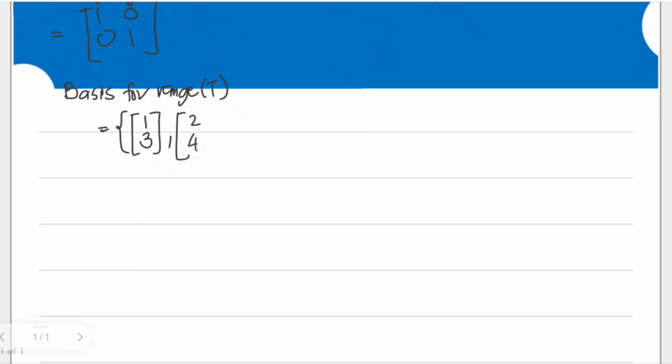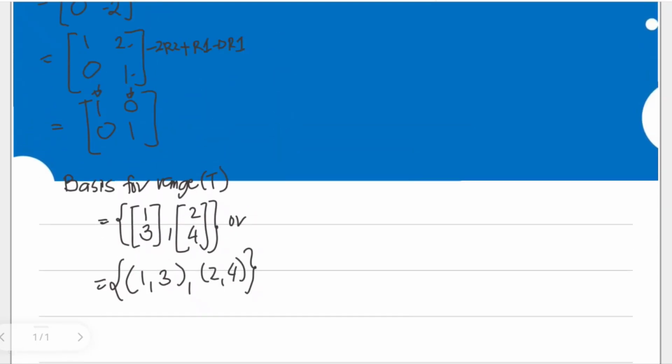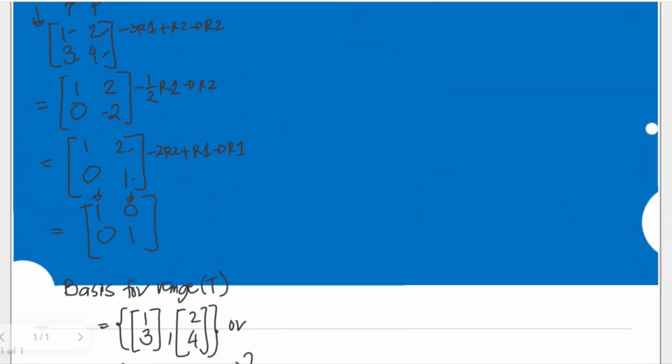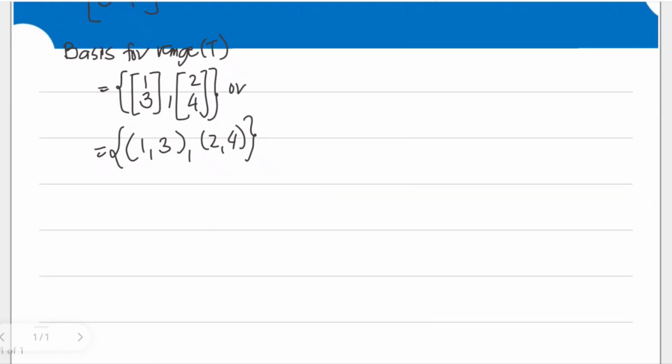Or you can rewrite this in the form of vectors, 1, 3, and then 2, 4. This is the basis for the range of T for this specific matrix. Because the two columns have a leading 1, both columns are part of the column space, which is equal to the basis for the range of T.